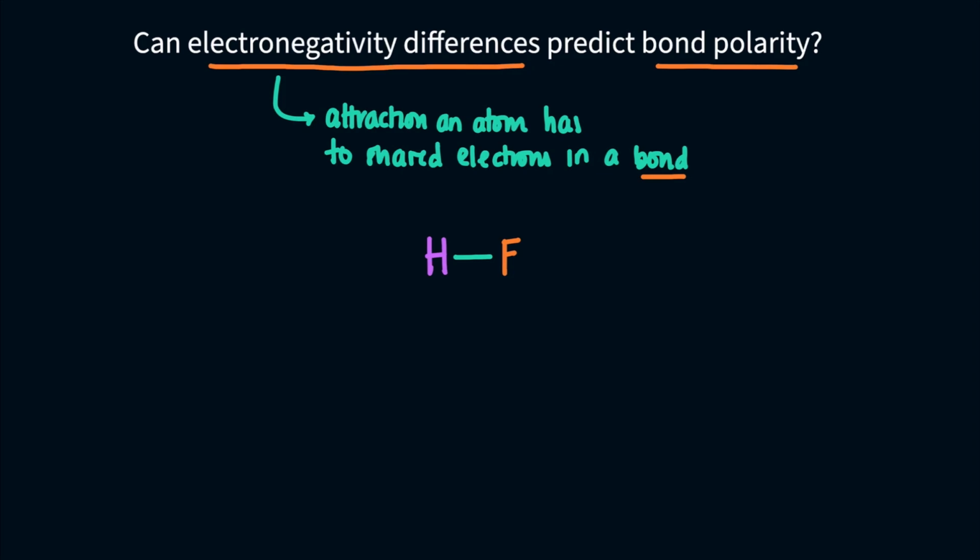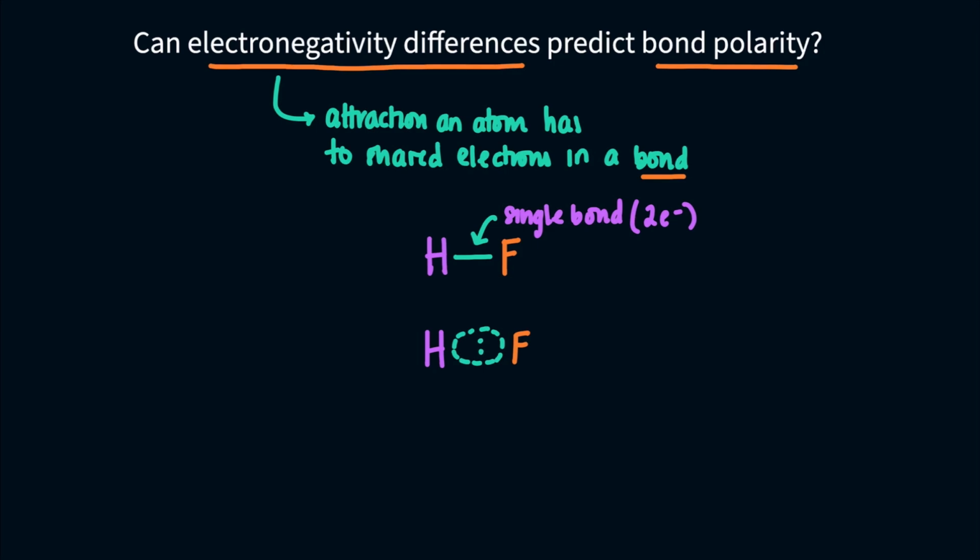Now, in essence, if we look at the space in between that bond, just remember that a single bond, which is represented by one line, represents two electrons. So there are two electrons in this bond.